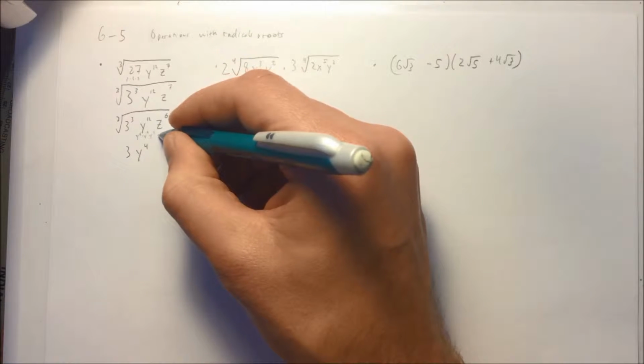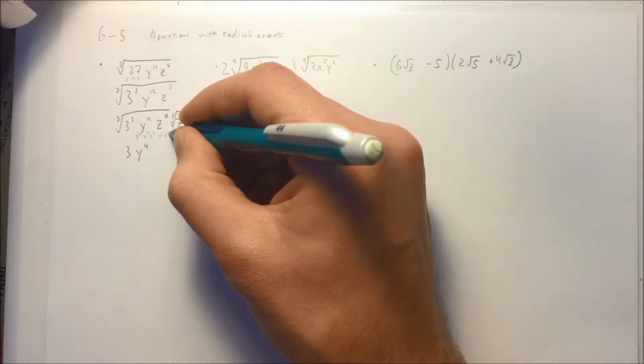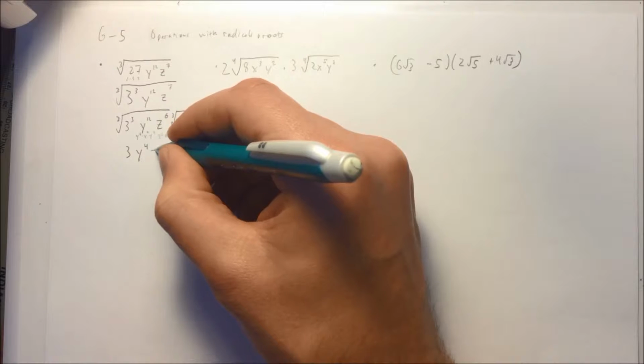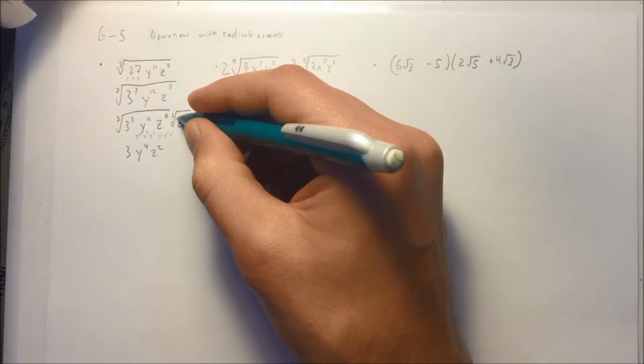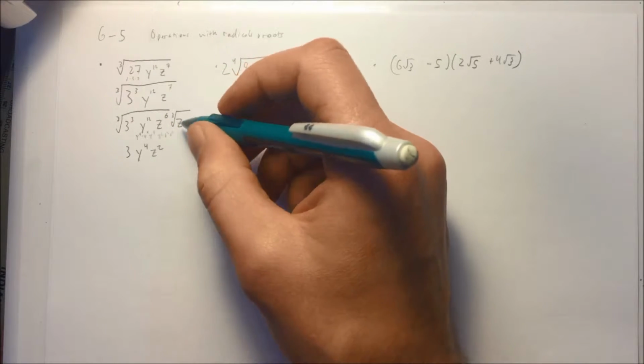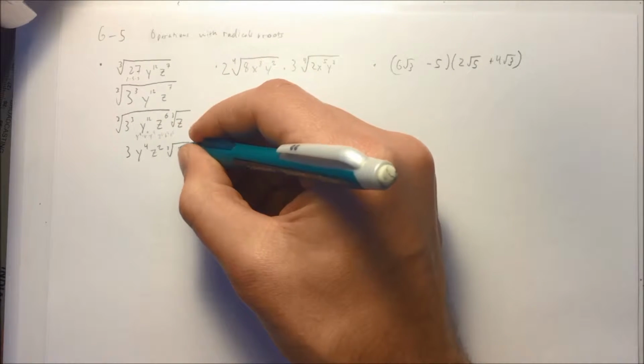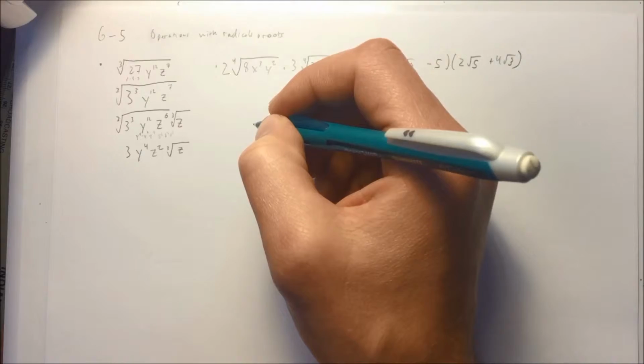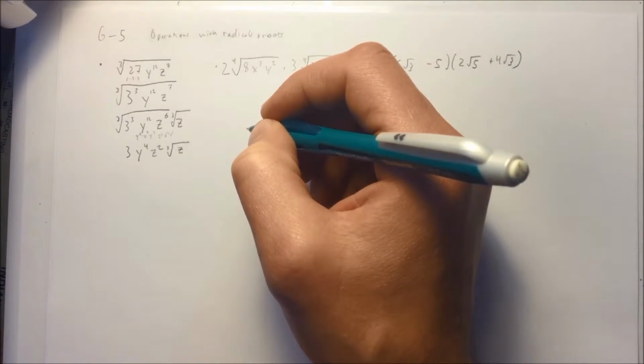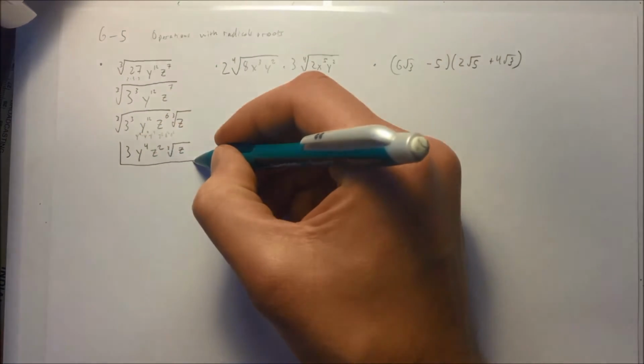Z to the 6th breaks down to z squared, and z squared. So that's z squared right there. But you'll notice I've got an extra z hanging on here. I can't take the cubic root of that. So I'm just going to write the cubic root of z, just like that.